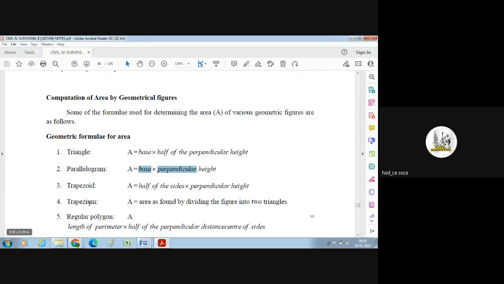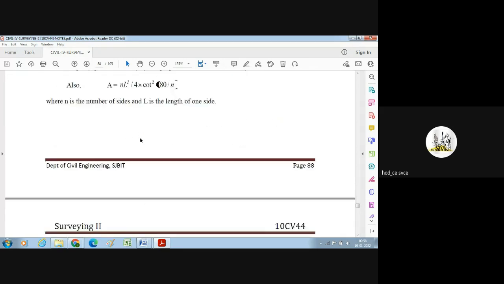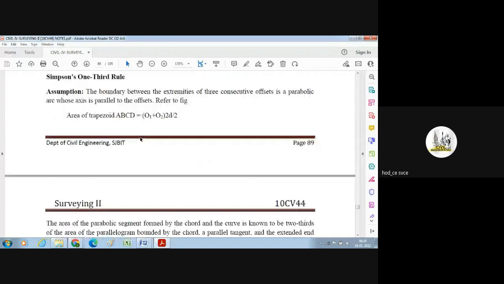Next, trapezium. So trapezium and trapezoid are both one-sided, but the area will be defined in the same way. I mean, it is possible that we divide the trapezium into triangles. For example, say here in this figure you observe A prime, B prime, C prime, right?